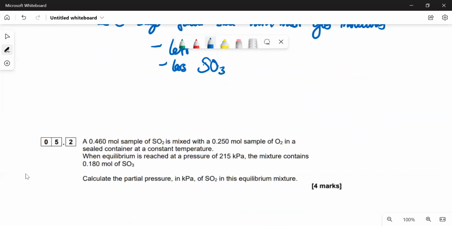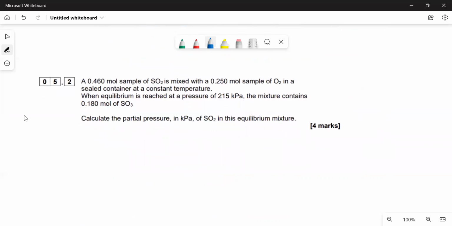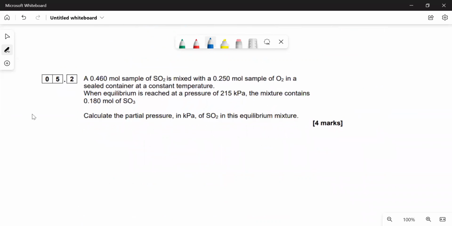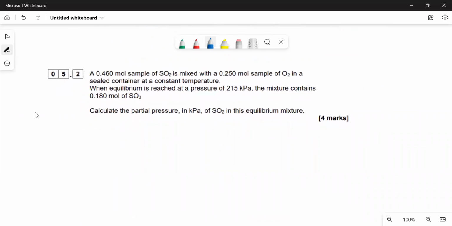Right, so now we've got the usual thing here. You've got a container with 2 gases, and it tells you how much you've got at the start and how much you've got at the end, and we've got to work out the partial pressure of SO2. So we need to work out the number of moles of SO2 in this.